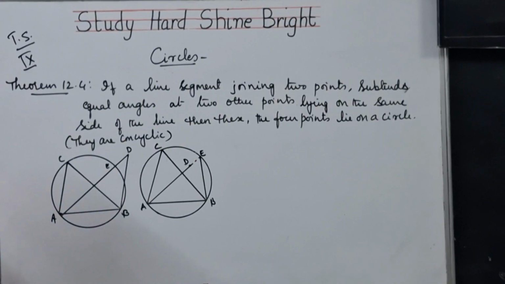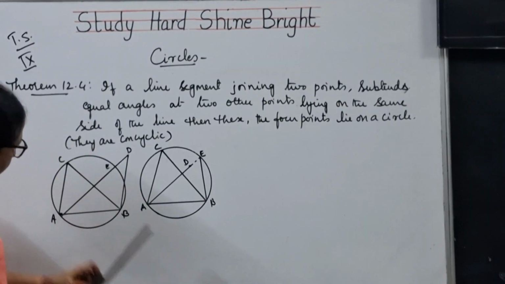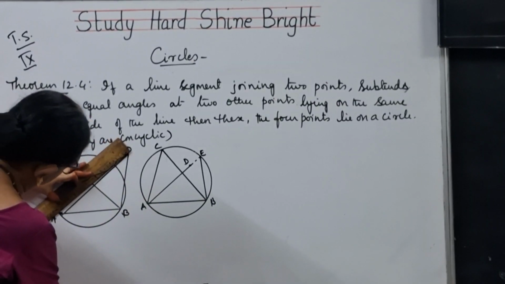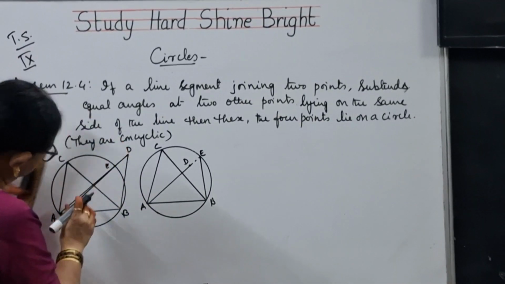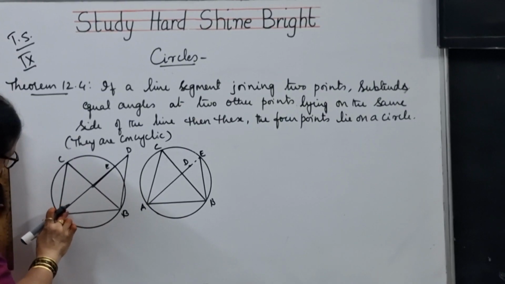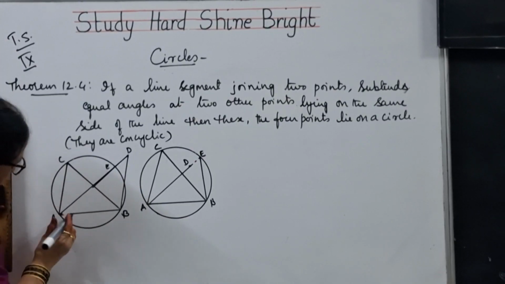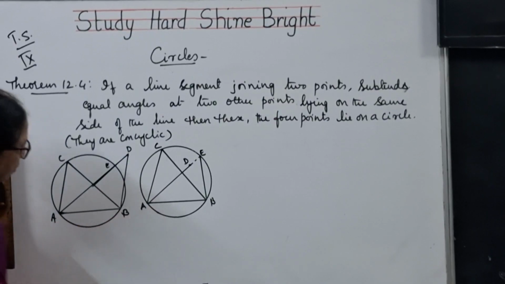Now, children, theorem 12.4. If a line segment joining 2 points, see, AB is the line segment which is joining 2 points A and B. So, this is the line segment, children.